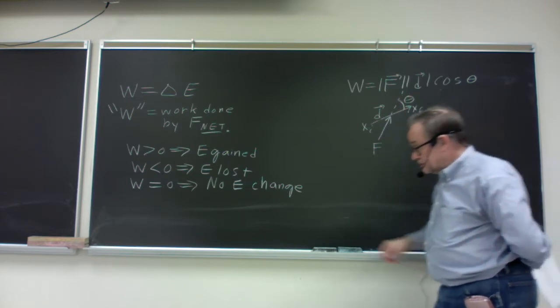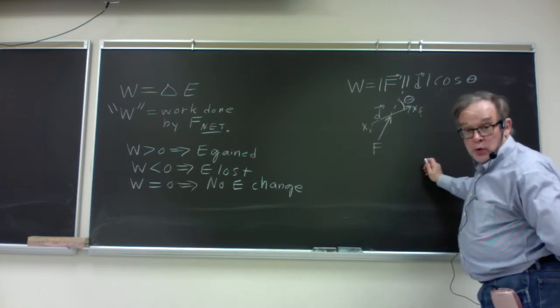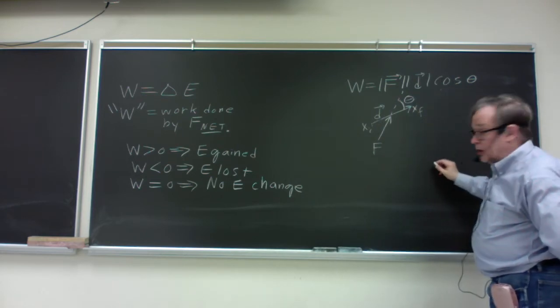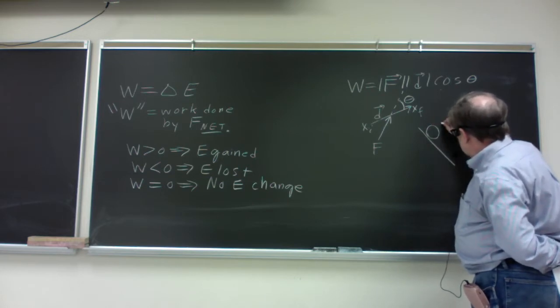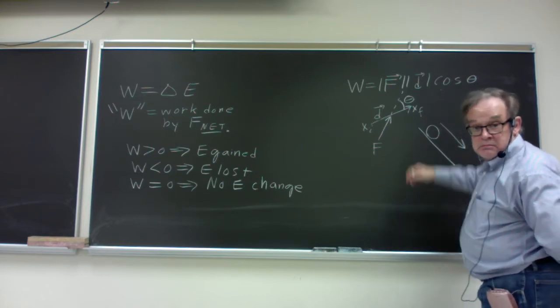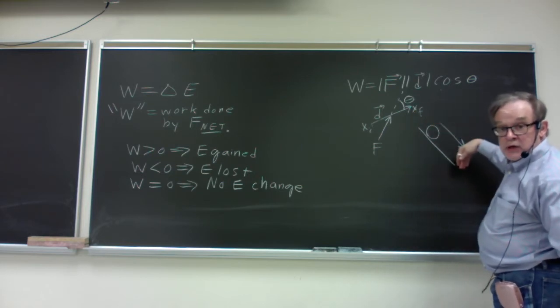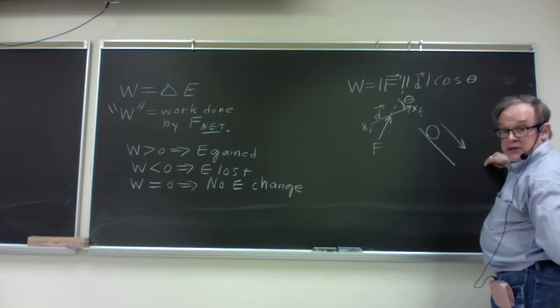So just to take a simple example, let's say we have a ball rolling down a hill. There's the hill, there's the ball, and so the displacement of the ball is just a vector that points straight downhill. The ball starts here, and then a little bit later the ball is here.